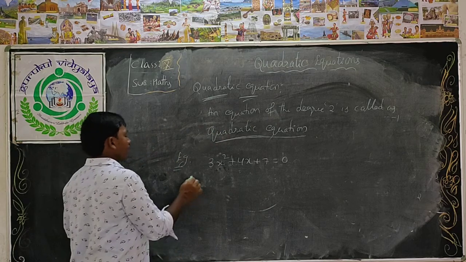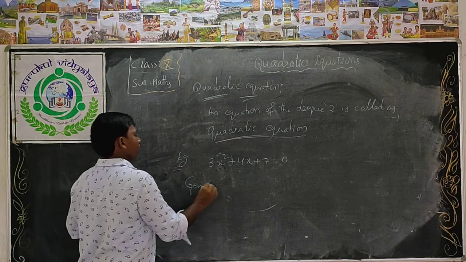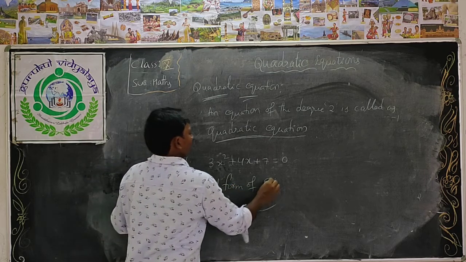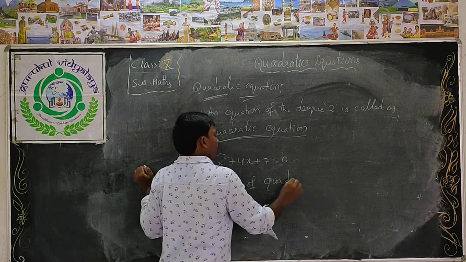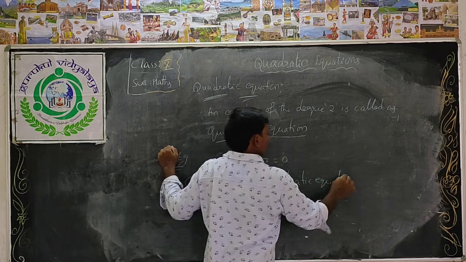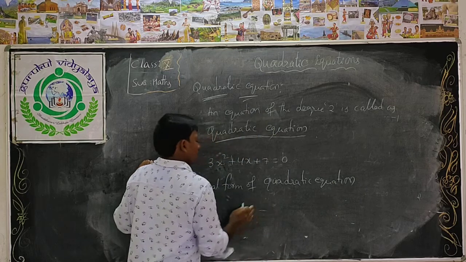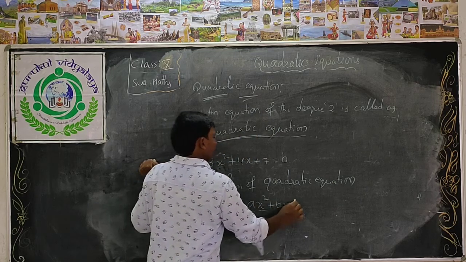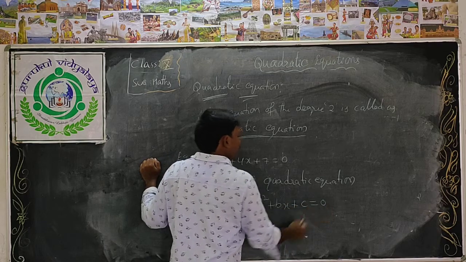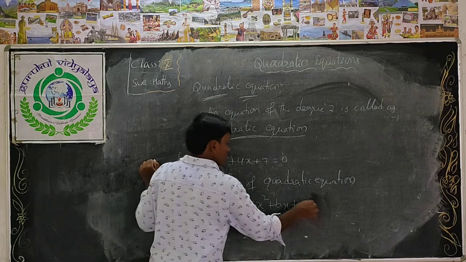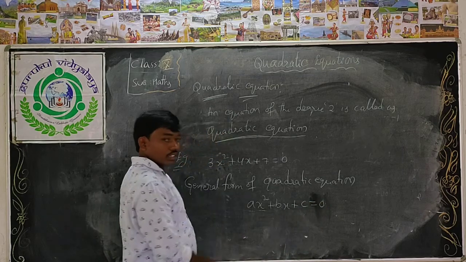Okay. Now I will tell the general form. General form of quadratic equation is ax square plus bx plus c is equal to 0. If there is no 0, it is called a polynomial. With 0, this is an equation, a quadratic equation.